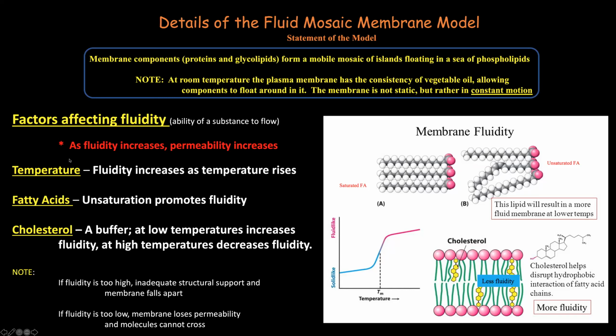So the three factors that you need to remember are temperature, fatty acid content, and cholesterol. So temperature, as I just said, as it goes up, fluidity and permeability go up.